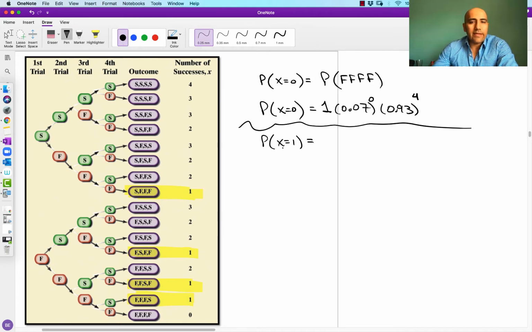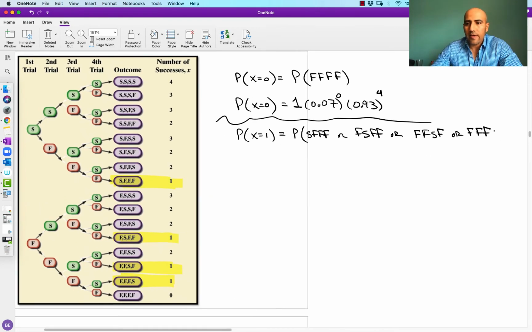The probability that we get exactly 1 success is equal to the probability that we get one of those. So it could be S, F, F, F, or the first one was successful and the other 3 were fails, or the second one was a success and the other ones were fails, or maybe the third one was a success, or maybe the first 3 were fails and the last one was a success.